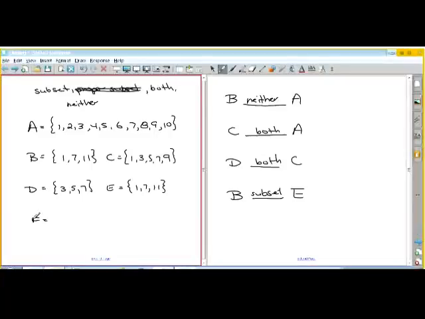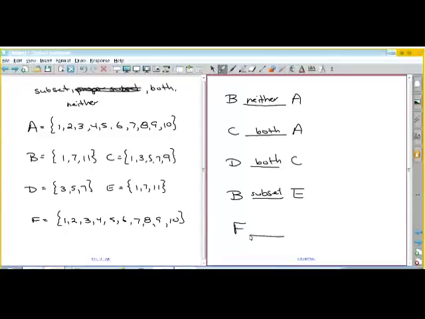So let me do an F just to show another example to reiterate the point. So again, in this case, F is just a subset of A. It's not both.